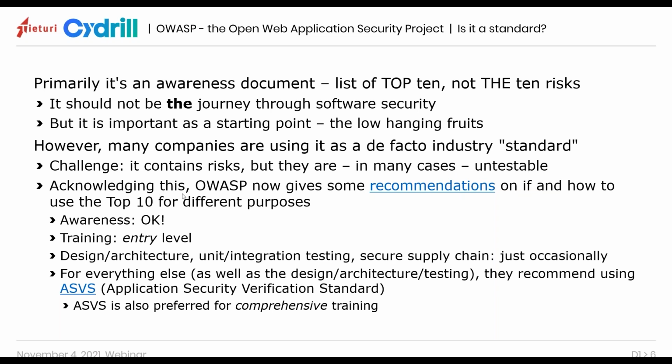So if, let's say, for example, you want to cover the top 10 issues in your security testing processes, you should be using what is called the Application Security Verification Standard, the ASVS, which is a comprehensive document that covers all aspects of application security, all these issues that are mentioned in the top 10, and many more, using easy-to-use checklists that also fulfill the requirements of industry-specific standards such as PCI DSS.